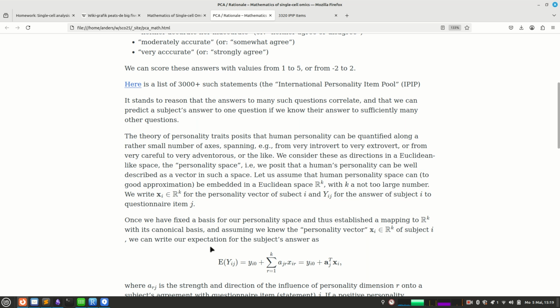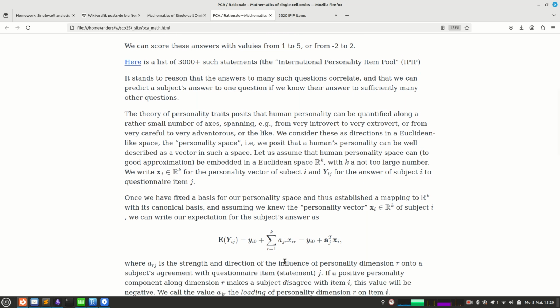And then we might say, if I know a subject's personality vector, then I can predict what the subject will answer to question number j by making such a linear combination, where a_jr is the strength and direction of the influence of a personality dimension r onto a subject's agreement with the questionnaire item j.